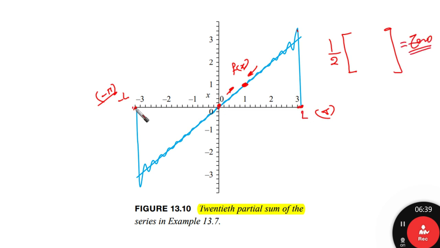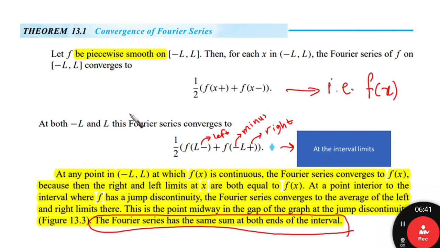And remember, this is our equation that we are going to use: L from the left and minus L from the right. So this is going to be our case.